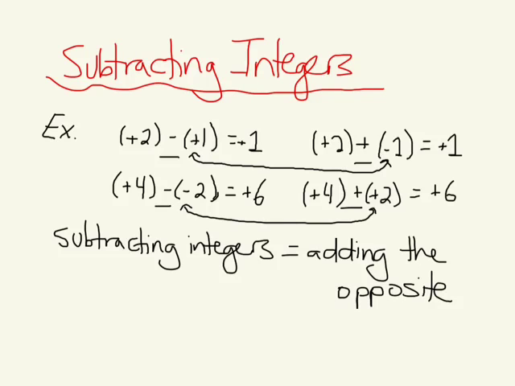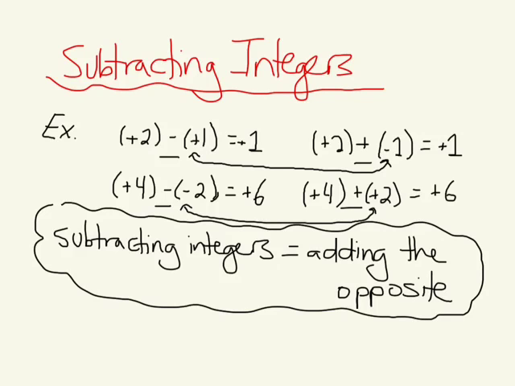Okay, so this is a good rule of thumb that allows you to really only learn the one rule. If you know how to add, then that's all you need to do. Every time you see a subtracting one, you can just switch it over to adding.